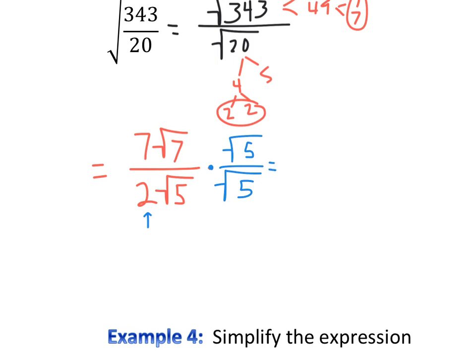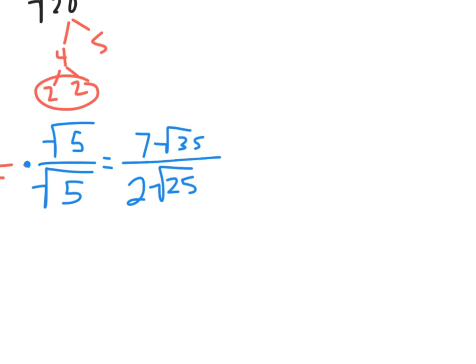7 radical 5 times radical 7 radical 7 times radical 5 is 7 radical 35, over 2 radical 5 times radical 5 is 2 radical 25. Do any factor trees after the multiplication. So 5 and 5, 5 and 7.